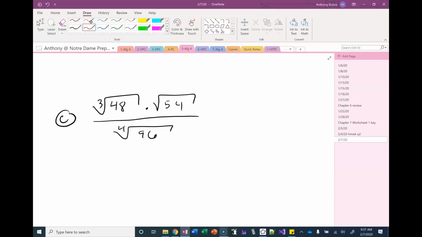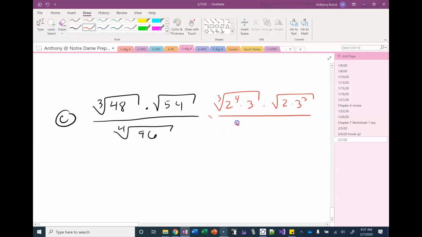So 48 is 2 to the 4th times 3. 54 is 2 times 3 to the 3rd. And 96 is 2 to the 5th times 3.